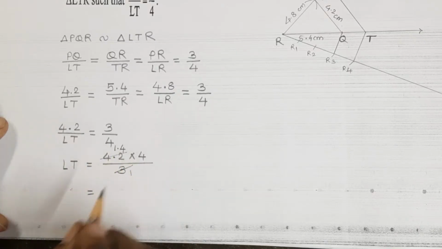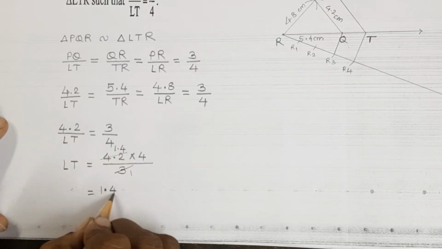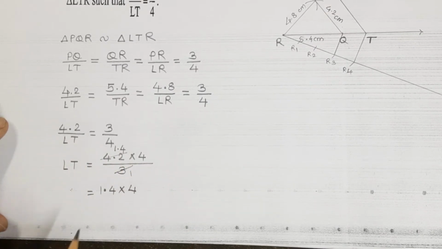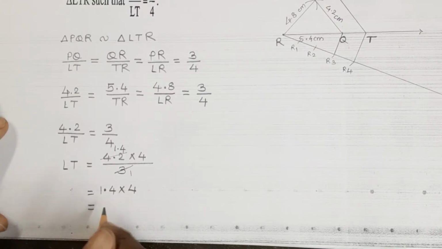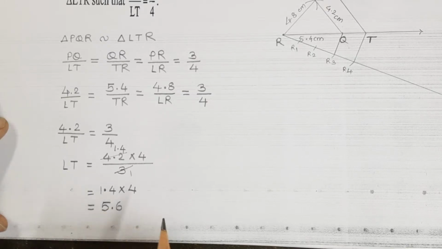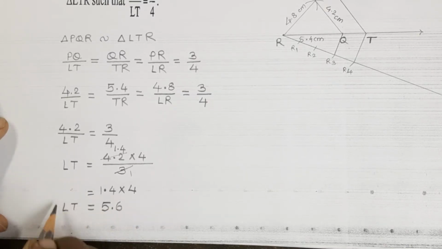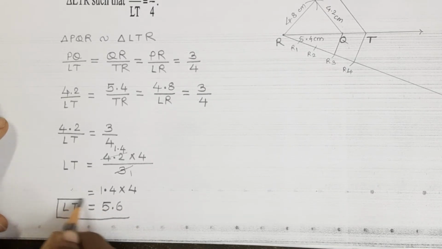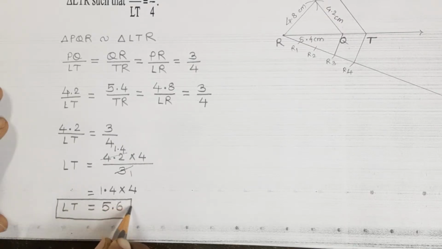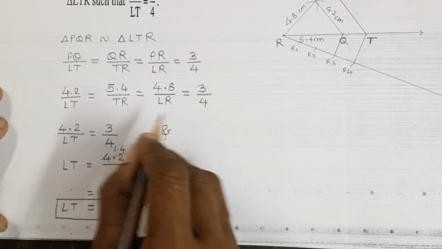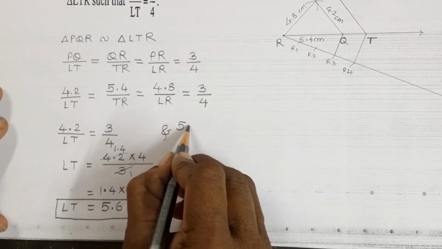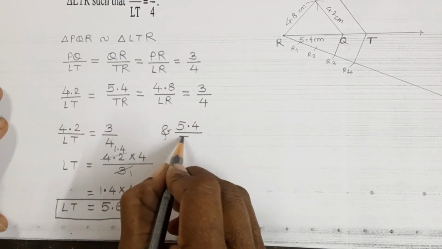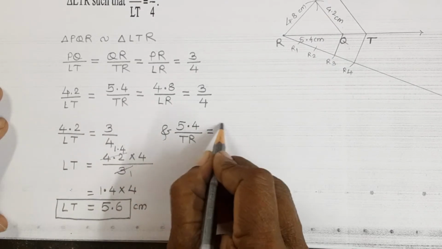So 1.4 into 4, that means 5.6. LT is equal to 5.6 centimeter.